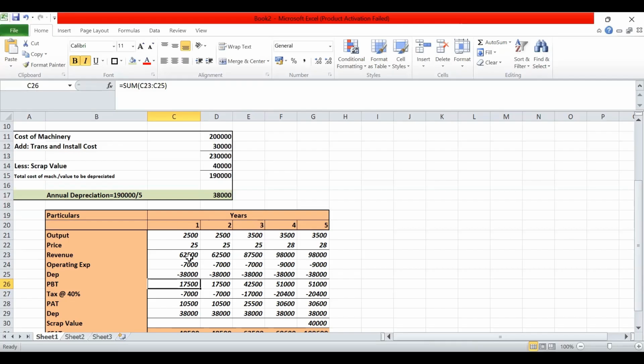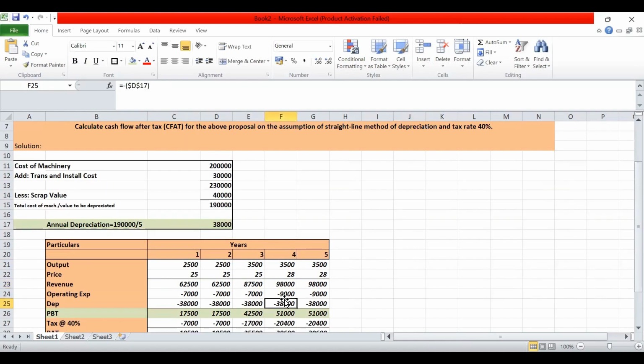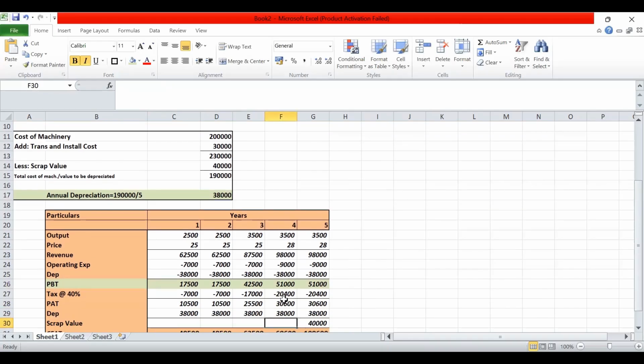Basically 62,500, that is the revenue, minus the operating expenses minus depreciation, will give you profit before tax as this, right? So this will be the amount. Then tax is at the rate of 40%. It is given to us in the question. So here we have calculated our tax.